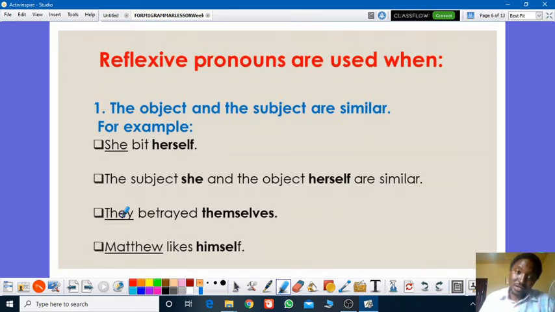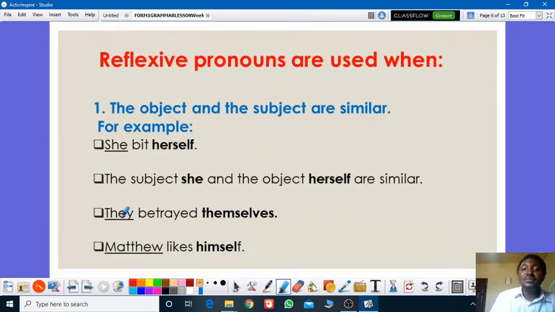Number one is when the object and the subject are similar. She beat herself. The subject she and the object herself are similar and they represent the same person.